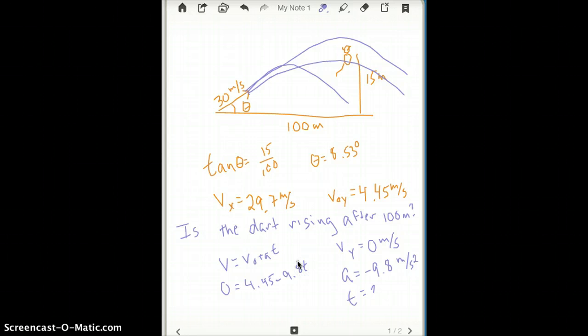So do a little algebra here, and you end up with 4.45 divided by 9.8, which is 0.454 seconds. Now, in the x direction, remember, little kinematics review, we ignore air resistance. Therefore, there's nothing that can accelerate the banana after it's been shot in the x direction. So we're going to use V equals d over t.